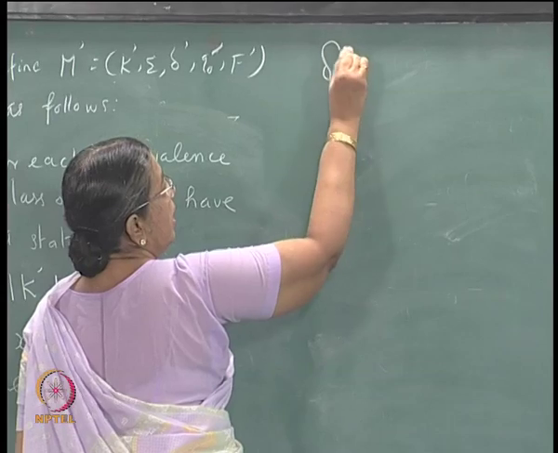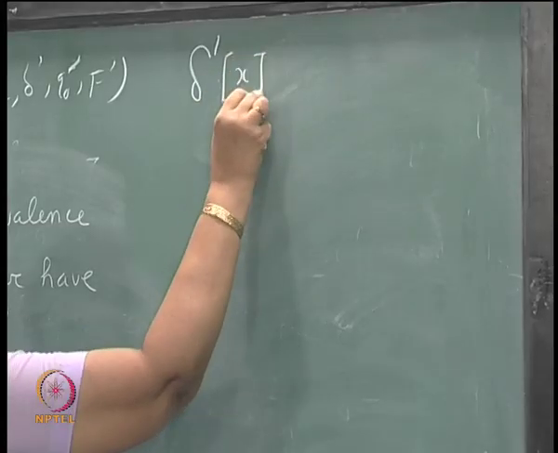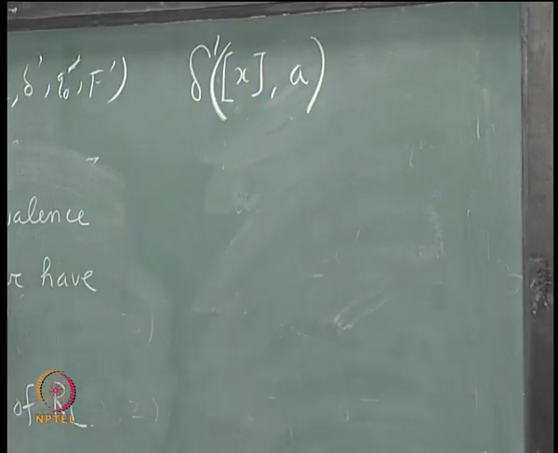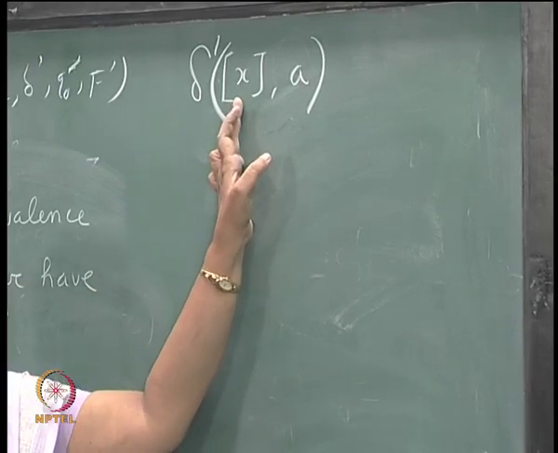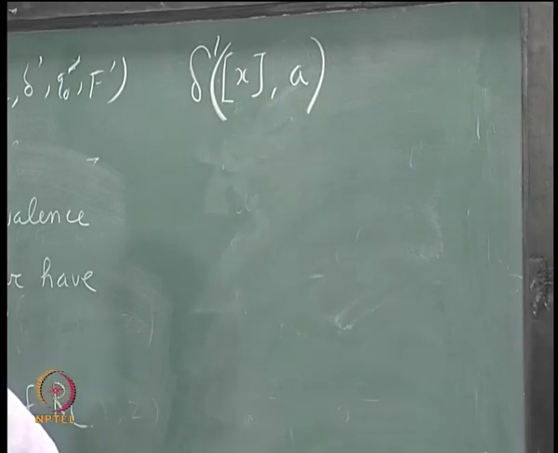Okay. And define delta dash of X comma A: this is an equivalence class, a state which represents the equivalence class to which X belongs, right. Then after reading a symbol A, to which state does it go?